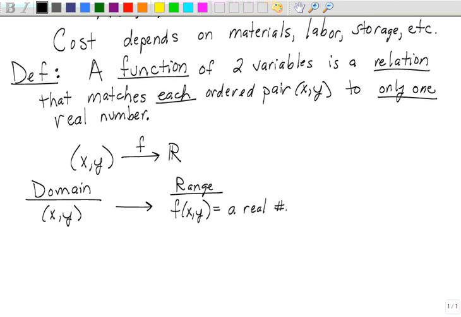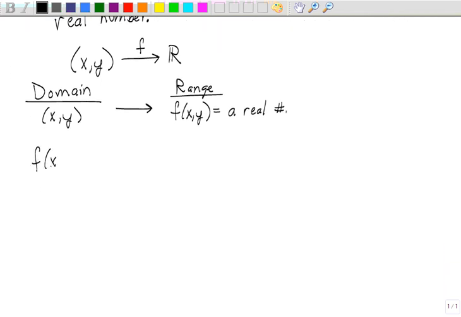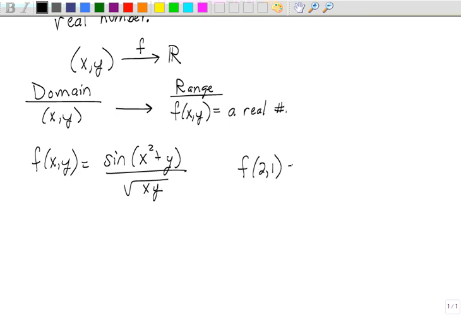So for an example, let f of (x, y) be sine of (x squared plus y) over the square root of xy. And we'll find f of (2, 1). That's going to be the sine of 5 over the square root of 2, which, if we use radians, is approximately negative 0.68. So we have this ordered pair, (2, 1), being sent to the real number negative 0.68.